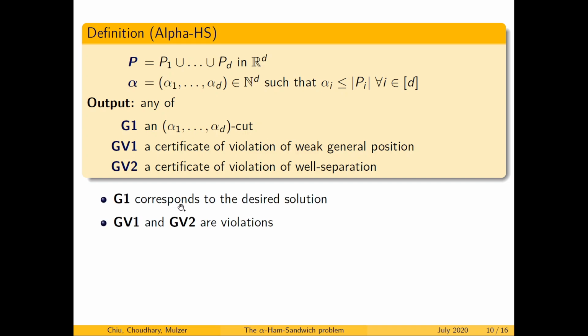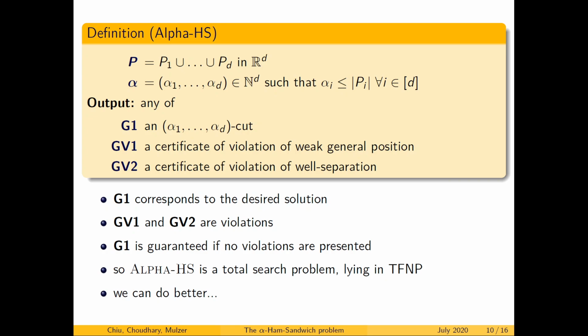Indeed, G1 is a solution that we would ideally like to have, and GV1 and GV2 tell us that either the weak general position or the well separation conditions have been violated. The theorem says that a G1 solution is guaranteed if there are no violations, otherwise there must be a violation.